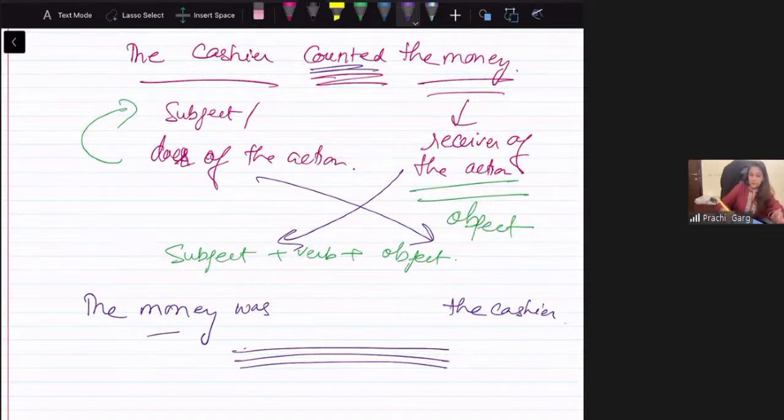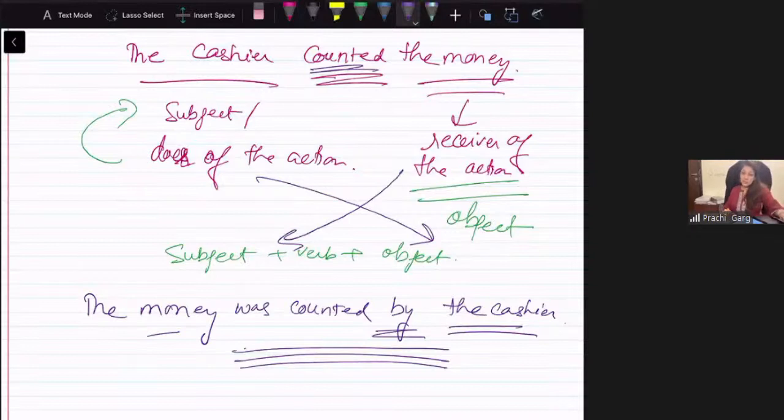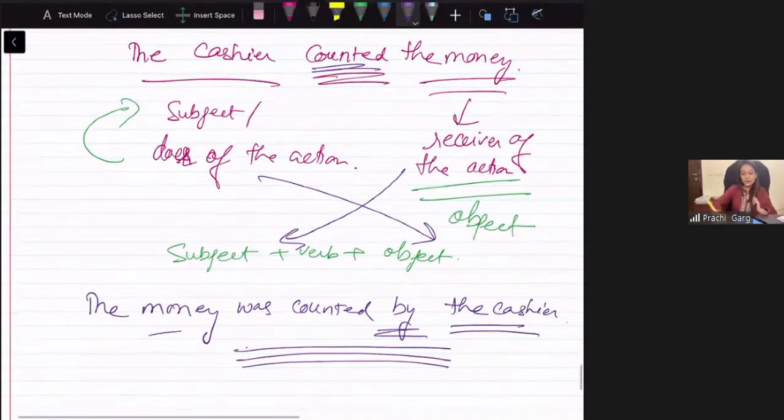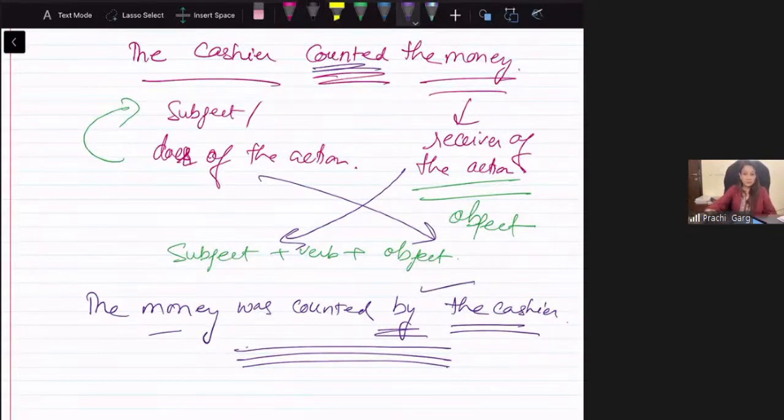The third form of counted remains counted, and we use by in passive voice before the doer of the action, because by will basically tell you who is doing the action. Since we are changing from active to passive and the doer of the action goes towards the end, it is very important to add by to connect them, to tell who is the doer of the action. Clear? Are we clear with the simple basic understanding of active and passive voice? If you understand this, the rest will not be very difficult to understand.